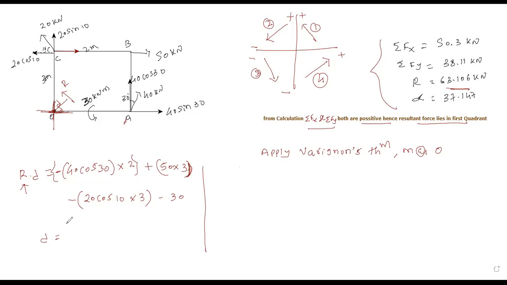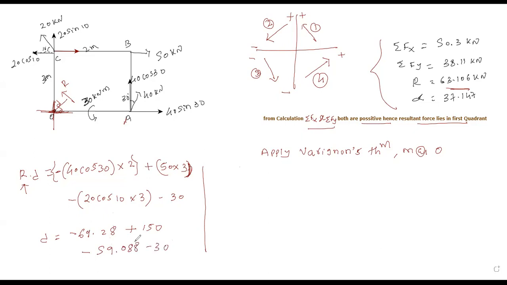What I am asking is only the data answer, give me. Okay, I said the answer of 40 cos 30 into 2 will be minus 69.28, minus 69.28. Okay, plus 150. How much will the answer of 20 cos 10 into 3 be? 20 cos 10 into 3, what is the answer? Okay, minus 59.088.